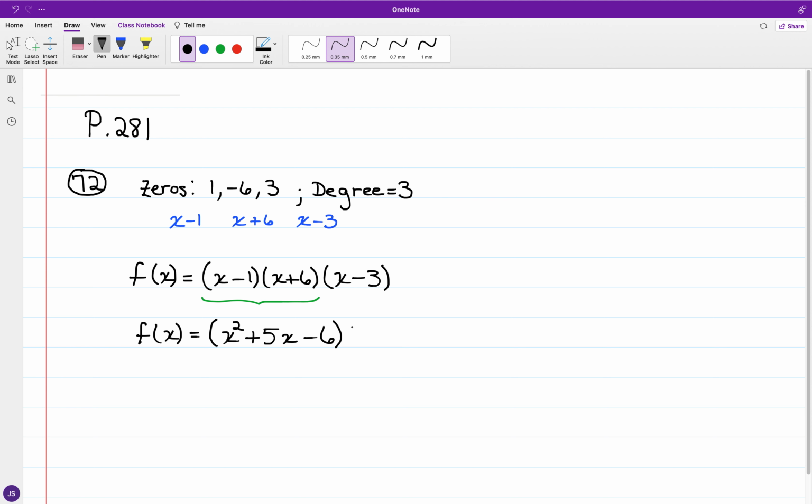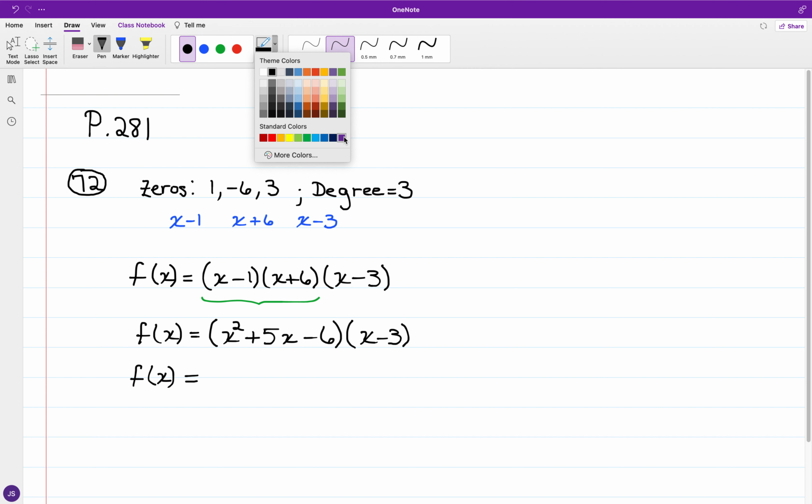Now we have x minus 3 waiting to be multiplied. In this case we have the product of a trinomial and a binomial, and there are various ways you can go about this.